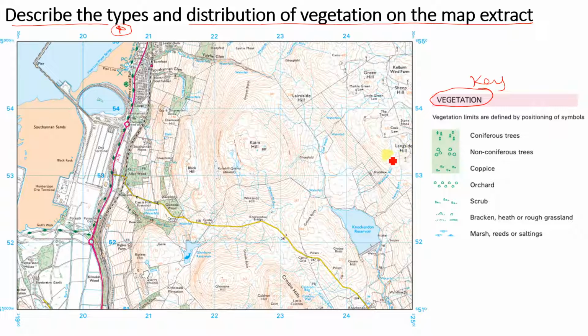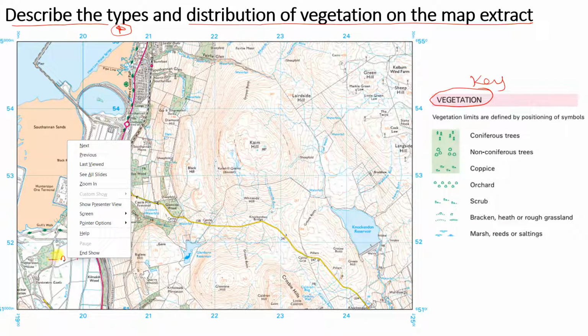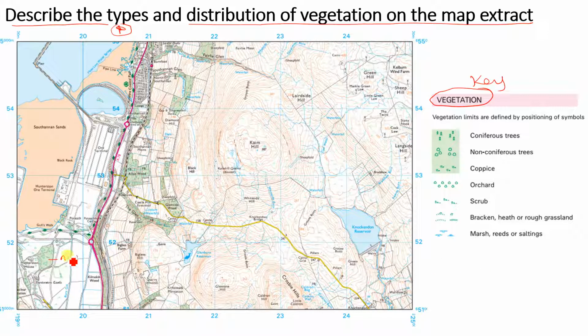Now, if I'm looking at that, I know within this area here, these are non-coniferous. So the type you can have here, non-coniferous. If you look at this area, you can now begin to have coniferous here.